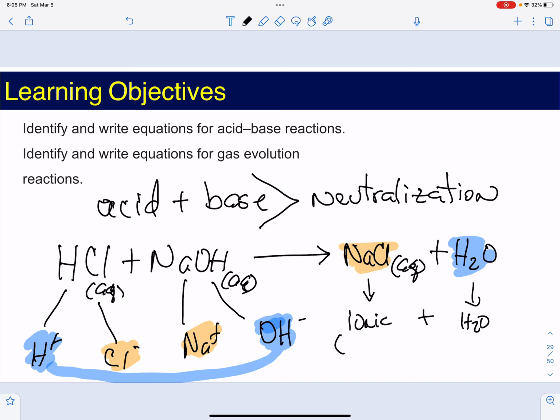Ionic compounds are also called salts, like NaCl. NaCl, we call it salt, but any ionic compound that comes out of a neutralization reaction is called a salt. So traditionally, neutralization reactions are going to give you a salt and water.